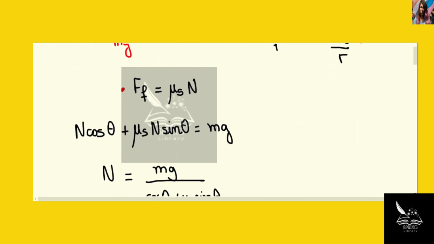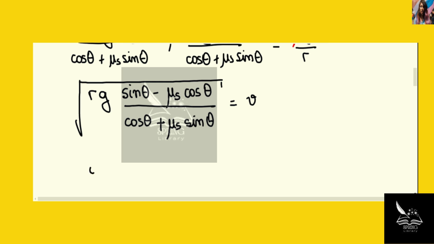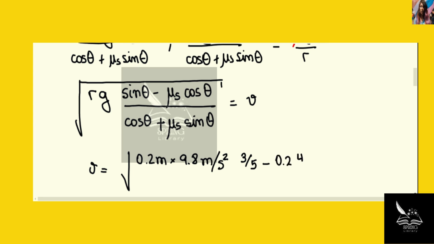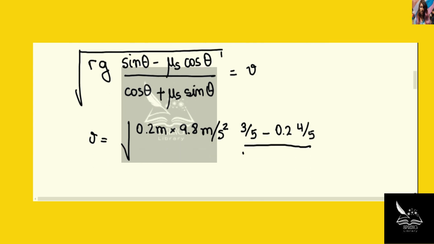So that's the radius. So we have that v is equal to the square root of 0.2 meters times 9.8 meters per second squared times the sine of theta, which is 3/5, minus 0.2 times 4/5, divided by the cosine of theta, that's 4/5, plus 0.2 times 3/5.